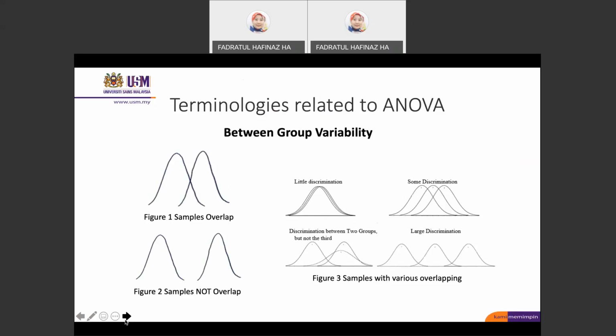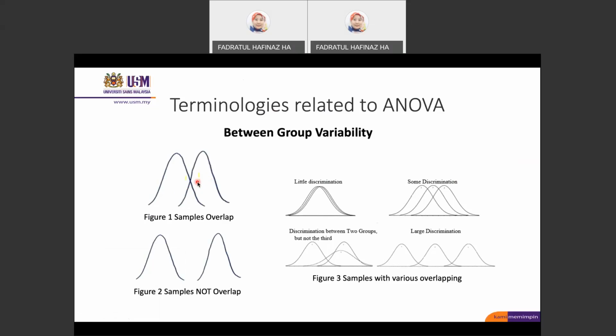Another terminology is the between group variability. Consider the distribution of the two samples in figure 1.